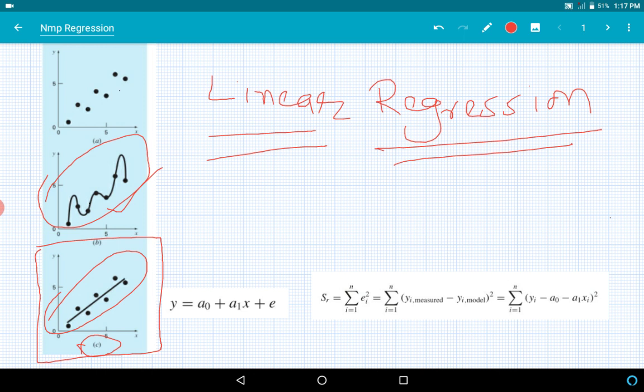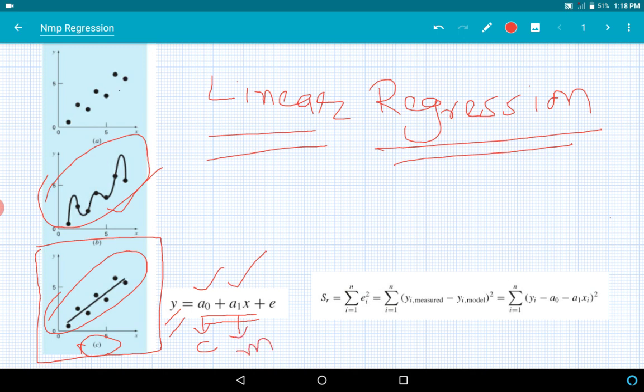The equation of a straight line is very simple. It is y equal to mx plus c, right? Y is the actual output, and this mx plus c is, in this case, written as a0 plus a1x, where c is a0 in our standard terms and a1 is the slope of the line. So this is the output.